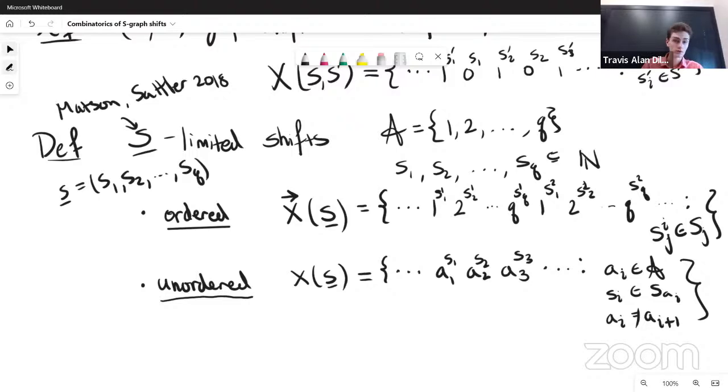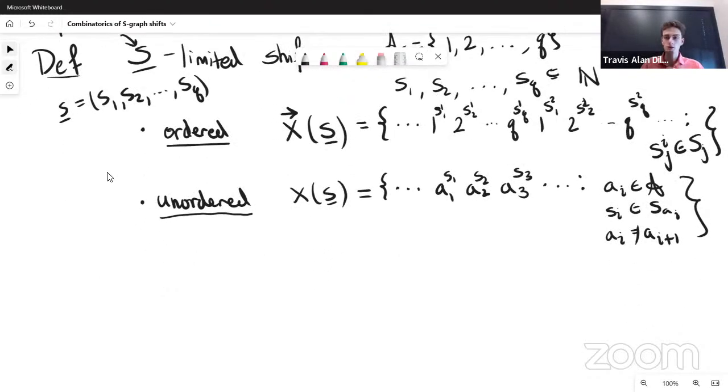And in what I want to focus on, entropy, it turned out that for ordered S-limited shifts, they were able to just transfer the proof from S-prime graph shifts.